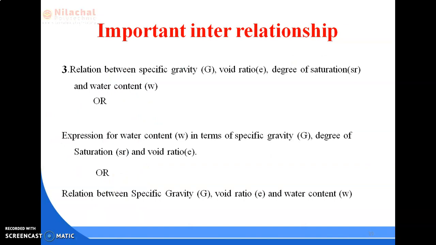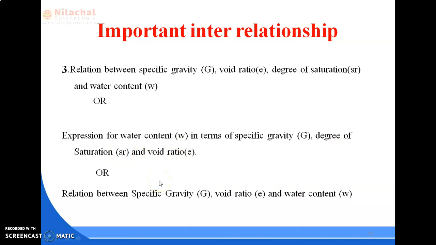The next interrelationship: relation between specific gravity G, void ratio e, degree of saturation Sr, and water content w. The same relation also comes in exams in another way, like expression for water content w in terms of specific gravity G, degree of saturation Sr, and void ratio e.